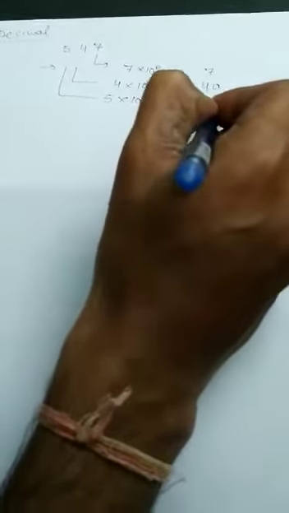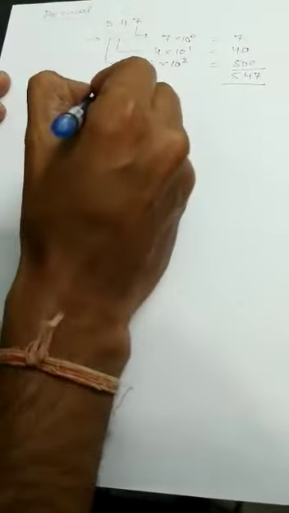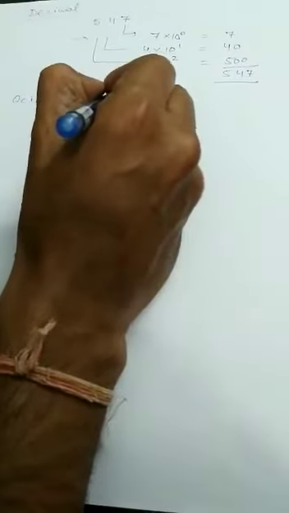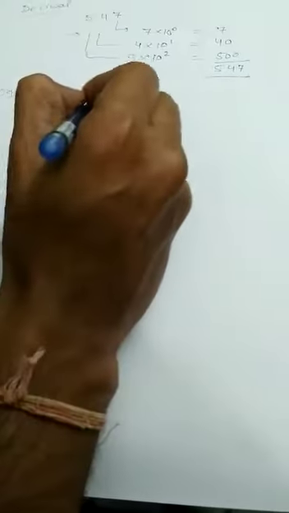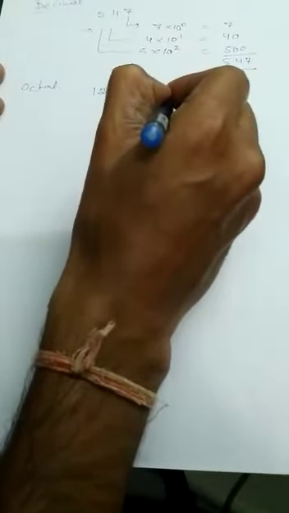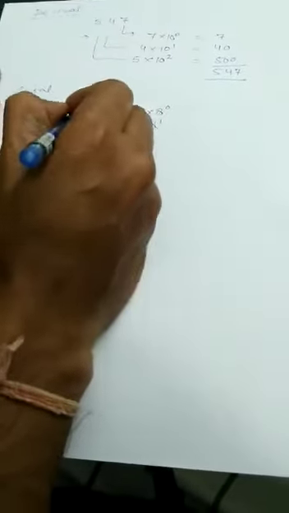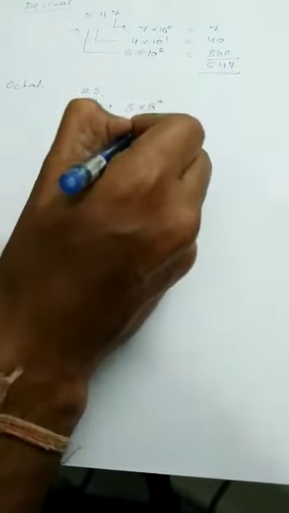So it is 547. In the same way, when we come to the octal, suppose a number is 1, 2, 5, then it means 5 into 8 to the power 0, 2 into 8 to the power 1, 1 into 8 to the power 2.